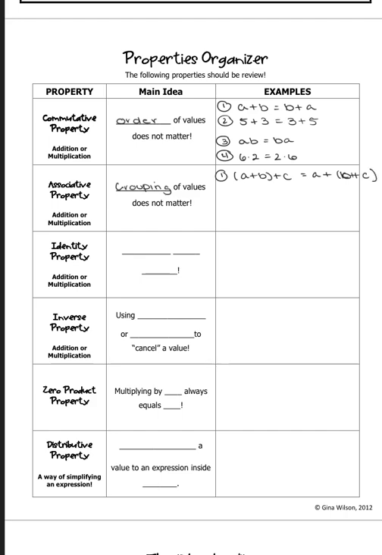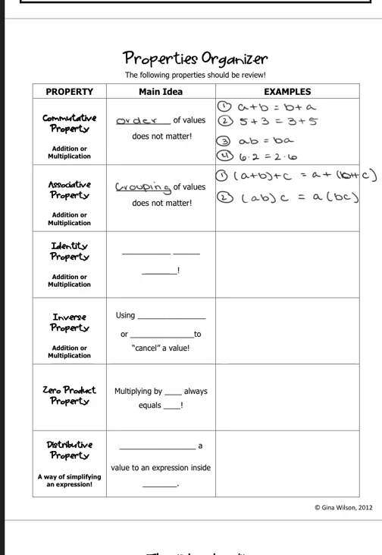This also applies for multiplication. If I have A times B and then multiply by C, I get the same result if I have B and C grouped together and multiplied first and then A.